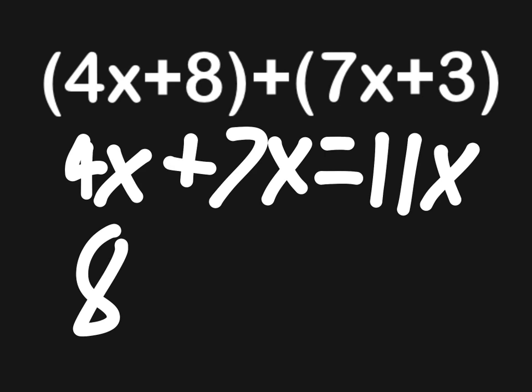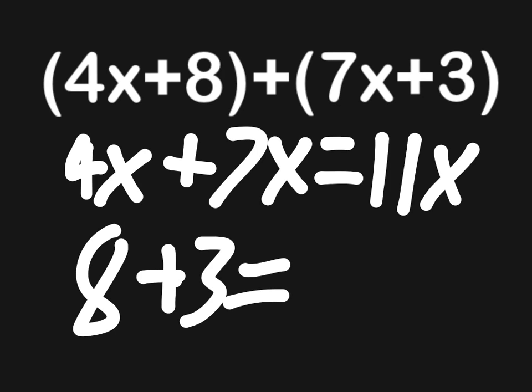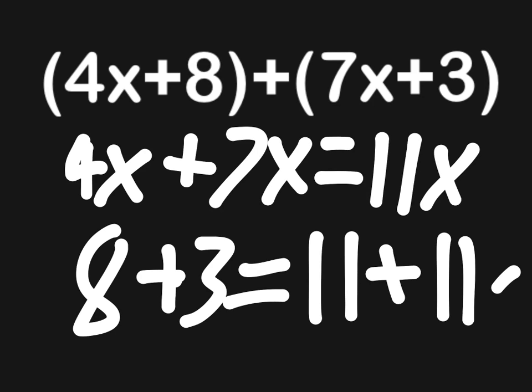But 8 and 3 can go together, so 8 plus 3 equals 11. So it would be 11x plus 11. Boom, bam, bada, boom, pow.